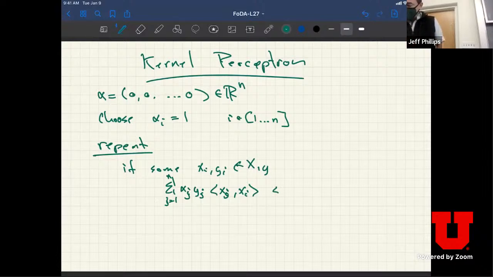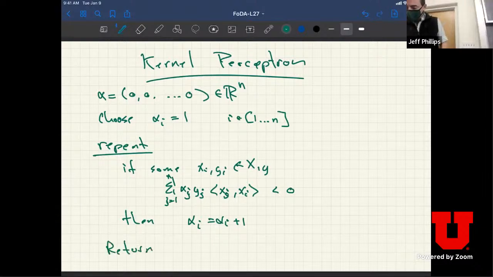If this is less than 0, then I set alpha_i equals alpha_i plus 1. So I've updated, I've made another mistake at index i. I just update my mistake.